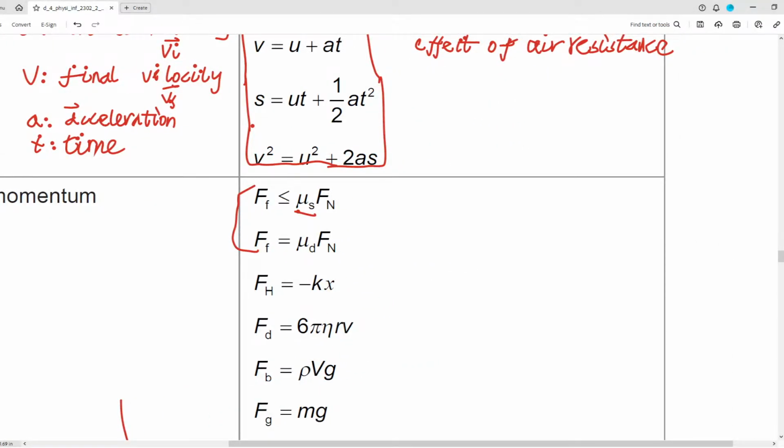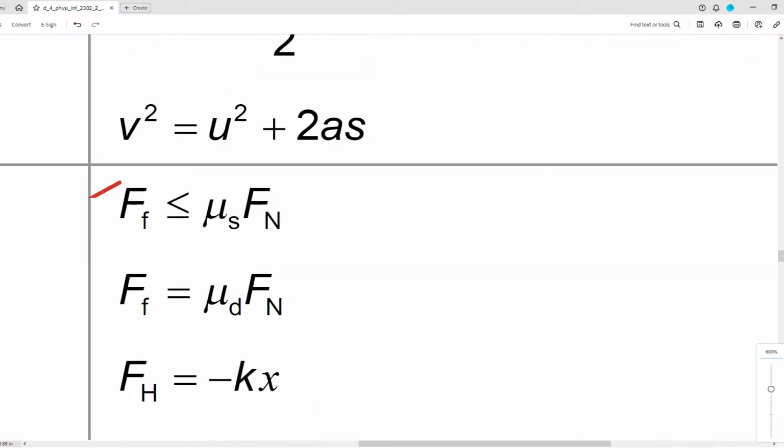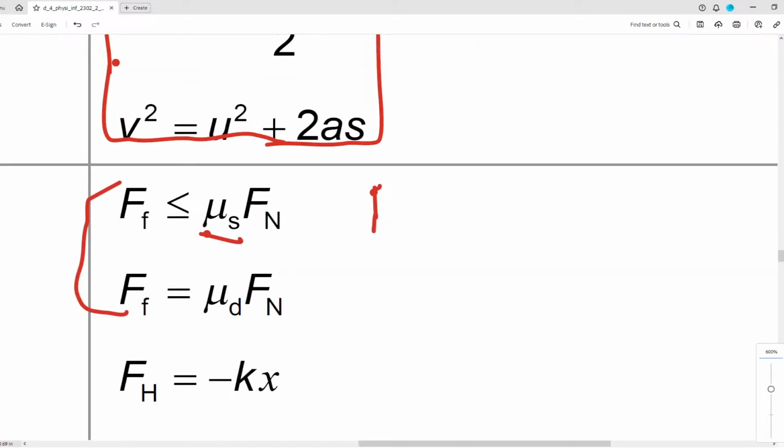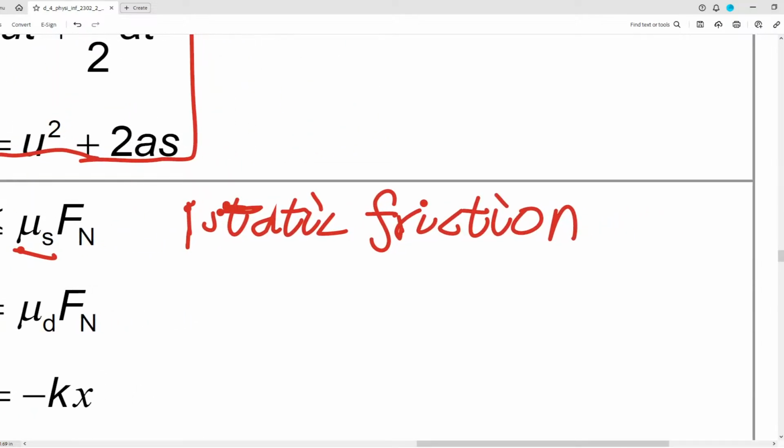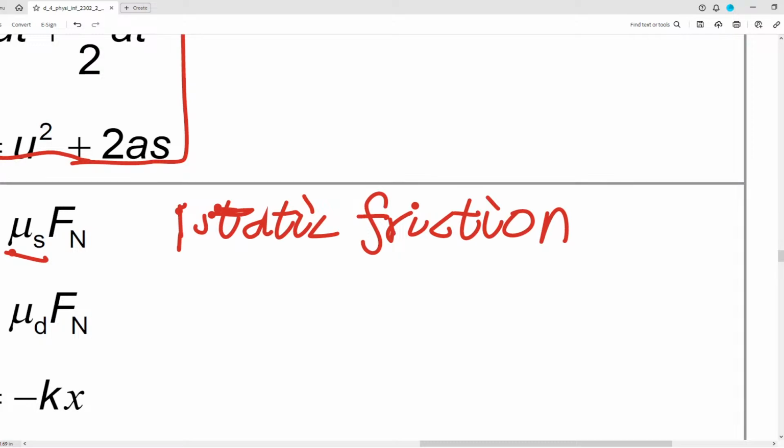All right, so here it's static friction. Here static friction. Okay, so mu s, of course, is the coefficient of static friction.